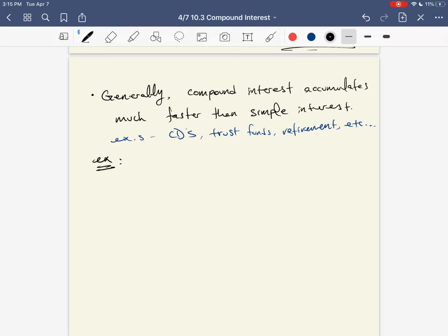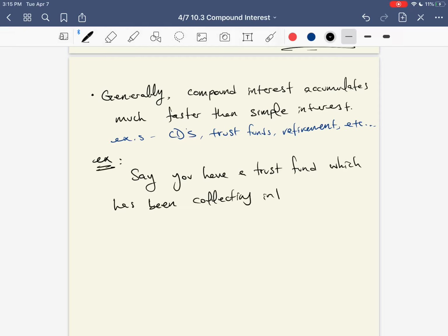Good. So, say you have a trust fund, which has been collecting interest at a 6% APR, compounded annually. Okay.